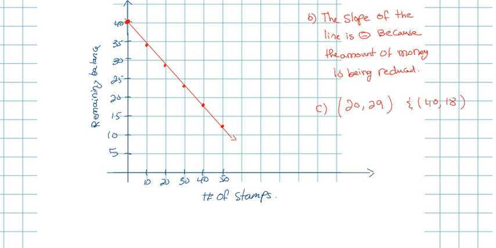This is x1, y1, x2, y2. And then I'm going to use the formula y2 minus y1 over x2 minus x1. And that's going to be 18 minus 29 over 40 minus 20. So what I did is y2 minus y1, x2 minus x1.